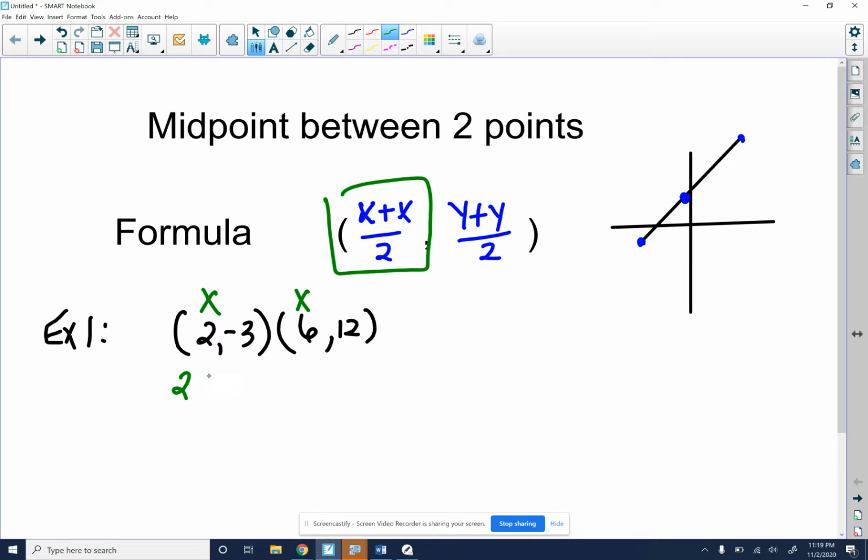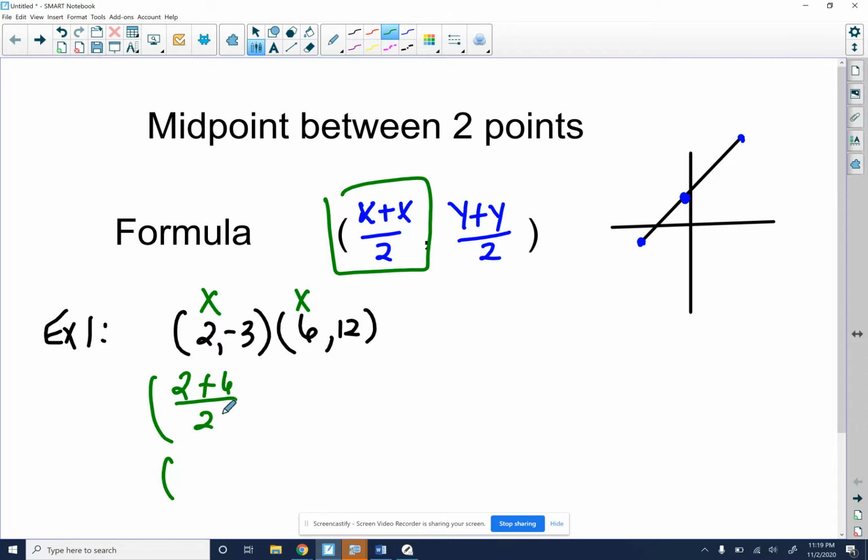So I would be doing 2 plus 6 and then divide it by 2. If you're going to use the calculator to do that, you have to do 2 plus 6, hit enter, and then divide by 2. Otherwise, your calculator is just going to do 6 divided by 2 and not have the initial 2 added in there first. So you got to be careful with that.